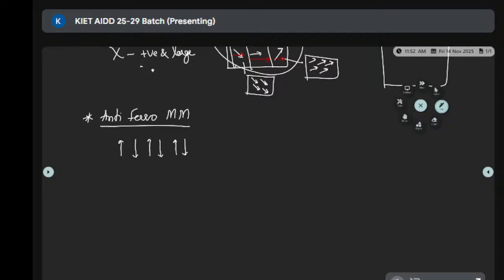Anti-parallel alignment exists in a material below a critical temperature. It will be there up to a temperature called the critical temperature. That critical temperature is called the Néel temperature. The alignment exists in the material below the Néel temperature.